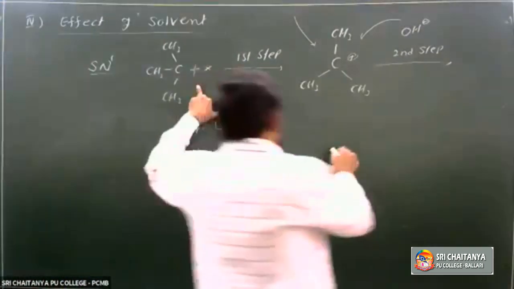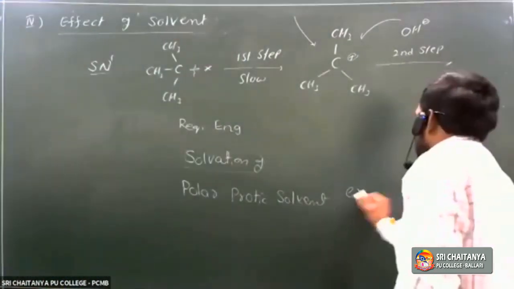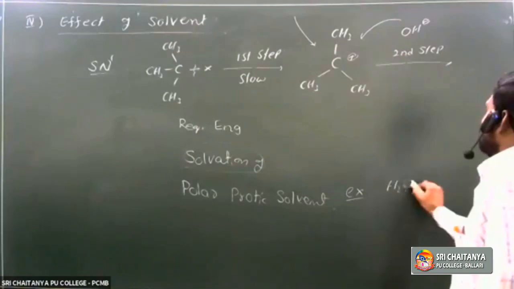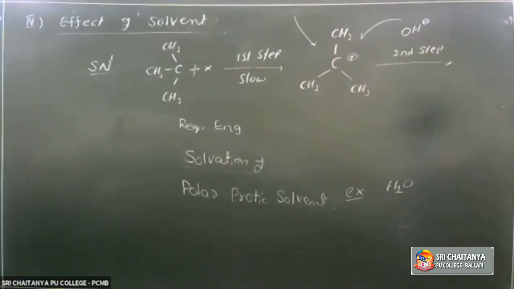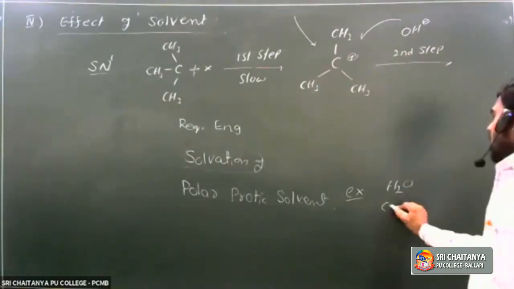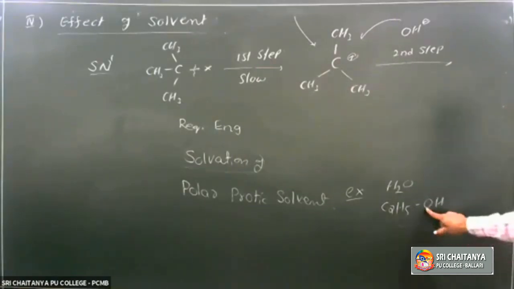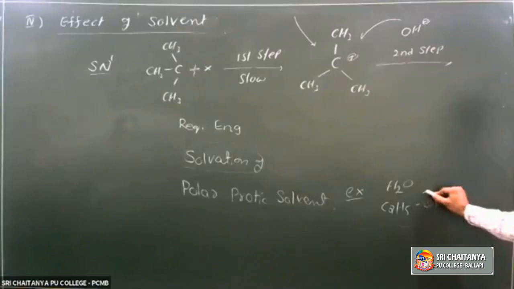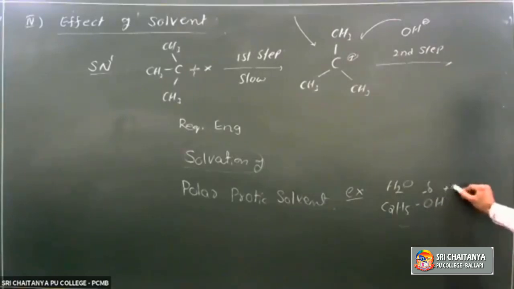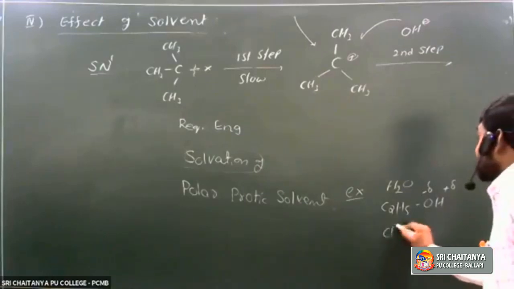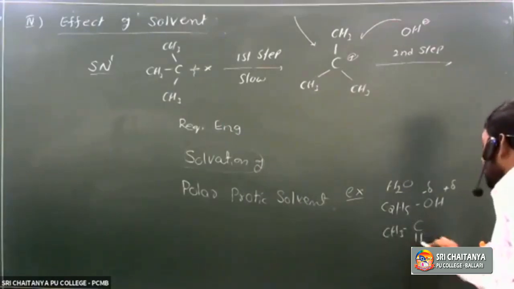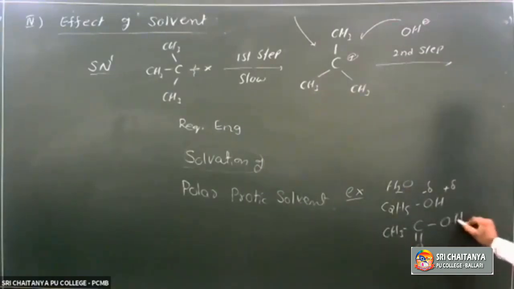What are examples of polar protic solvents? Water, H2O, is a polar protic solvent. Next, ethyl alcohol is a polar protic solvent. Oxygen is more electronegative, hence oxygen gets a partial negative charge and hydrogen gets a partial positive charge. The next one is acetic acid, CH3COOH.